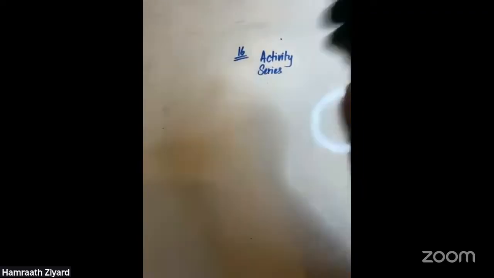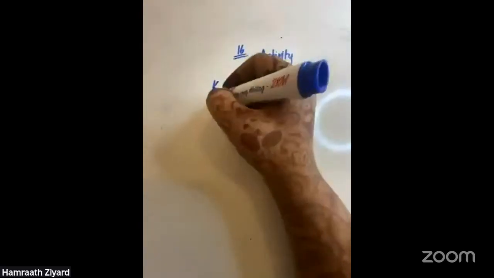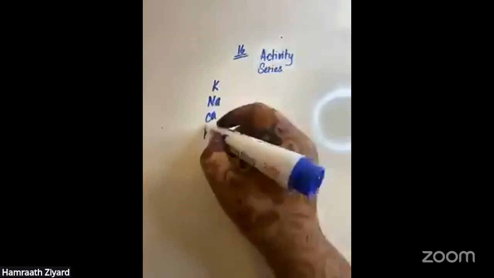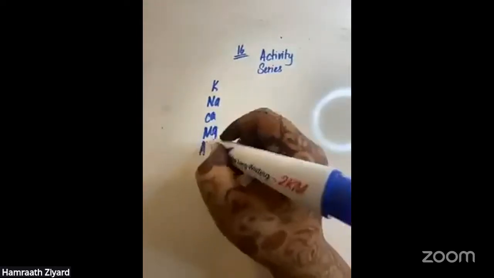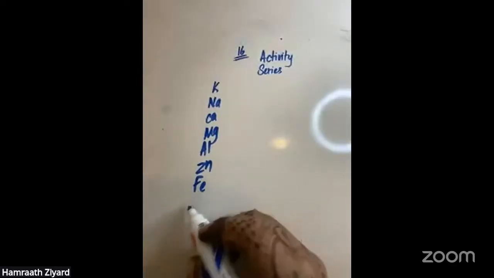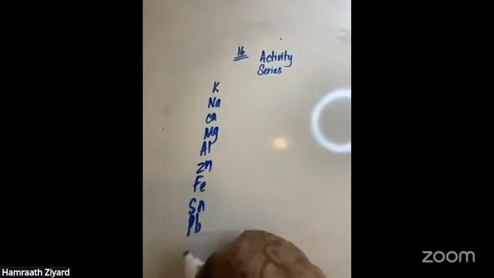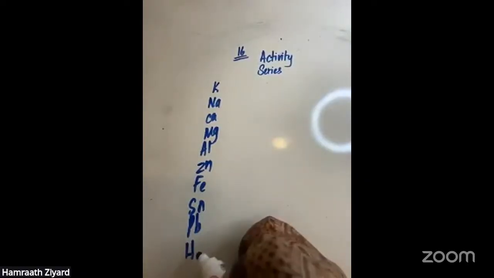So what are the activity series you know? Potassium, sodium, calcium, magnesium, aluminium, zinc, iron, then tin, lead, and hydrogen. Let me stop at hydrogen.